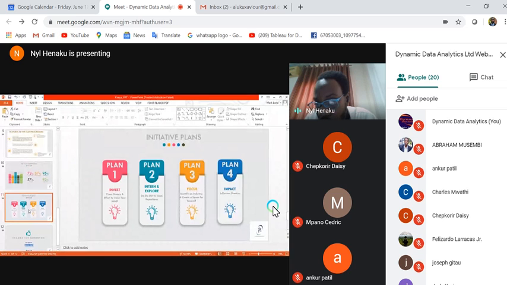And try to intern with them and see the loophole. That's where you get to find the problems. Because with data science, there's what we call problem definition. Anytime you have to apply any data analytic tool in your industry, you have to first define the problem. And one of the ways to start understanding problems in the industry where you want to go is to intern. That is where you pick up the signals and the dots.